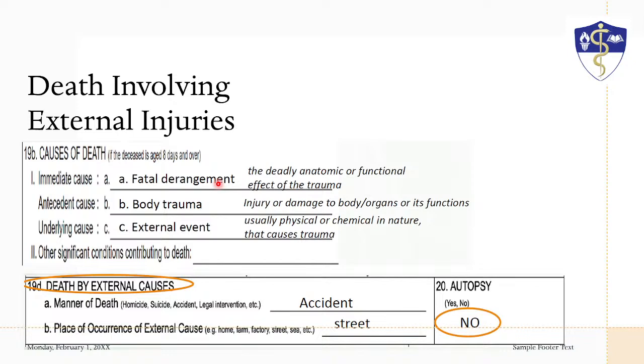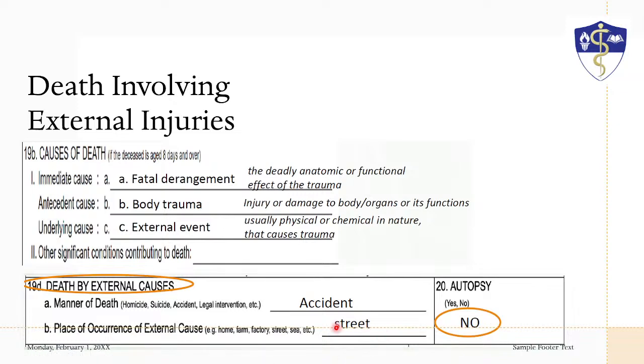Why do you write the story? Because this is going to be useful for statistics. It could be that there is a mass climbing of trees. Or the most common is the vehicular accident, so you can place the vehicle, so it can be included in the statistics. If you see that a certain car hits people, or on what street, that is the place of occurrence.